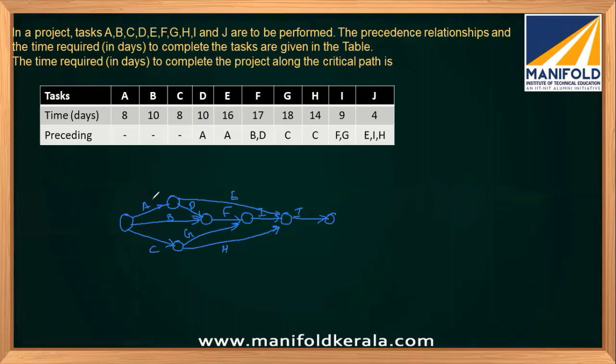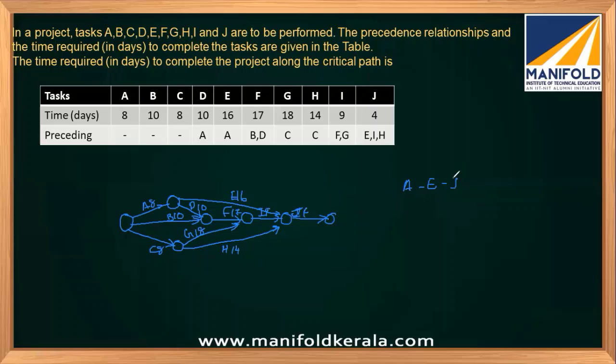Now write down the durations: 8, 10, 8, 10, E 16, 17, G 18, 14, I 9, J 4. Now let's list out the possible paths.